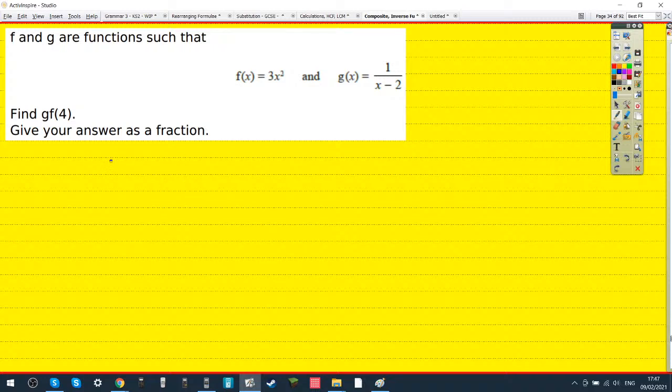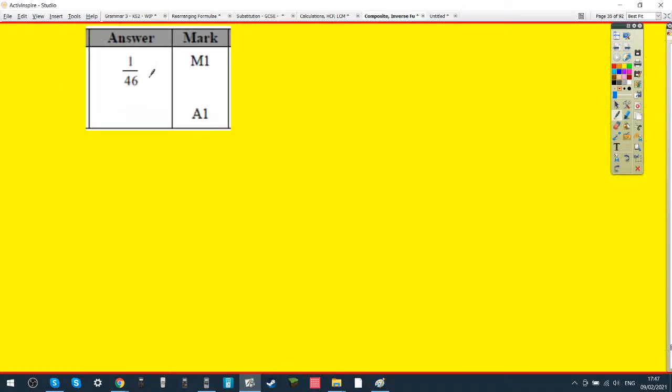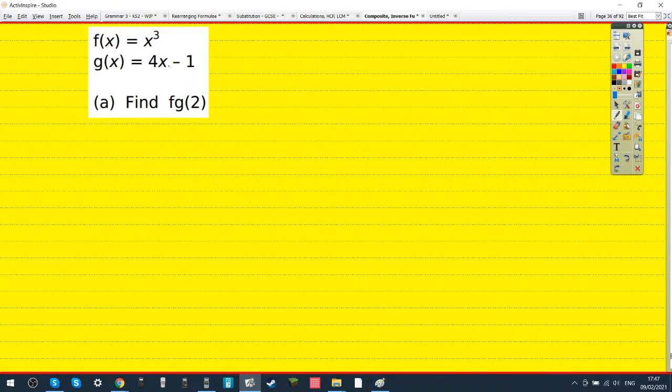Then 1 over 48 minus 2. Should I do it as a decimal? Fraction? So 1 over 46. That's it. Great.